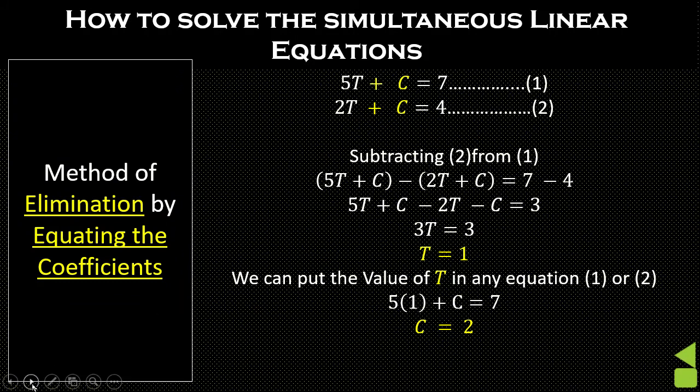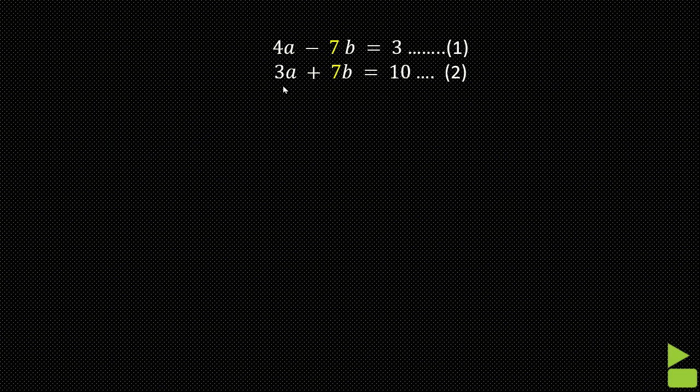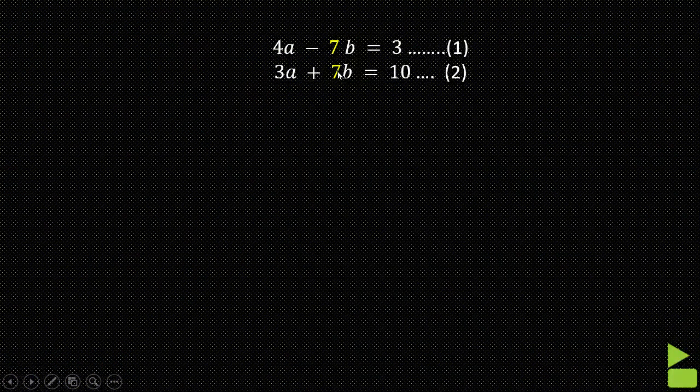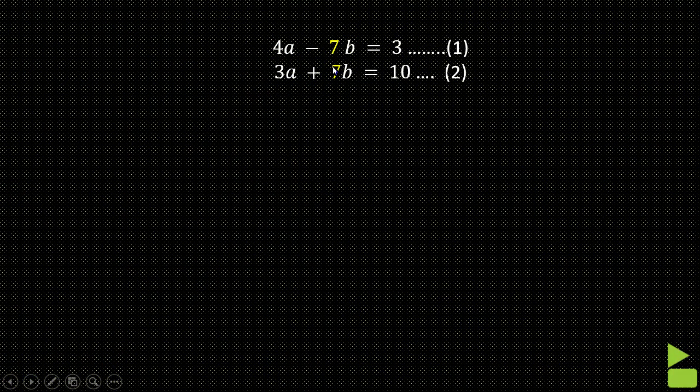Now in the second example, we can see two equations of variables a and b. In this example, the coefficients of b are the same, 7 and 7, but the signs are different. In the previous example, coefficients were the same and signs were the same, but now the signs are different and coefficients are the same.